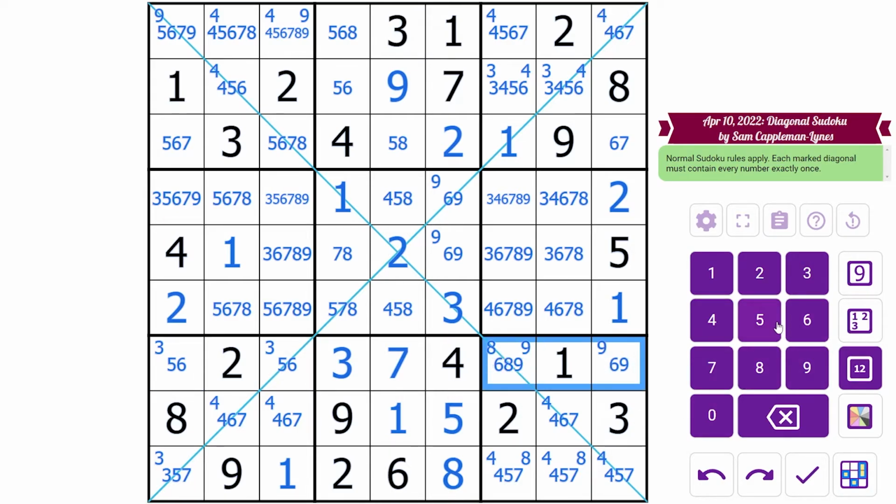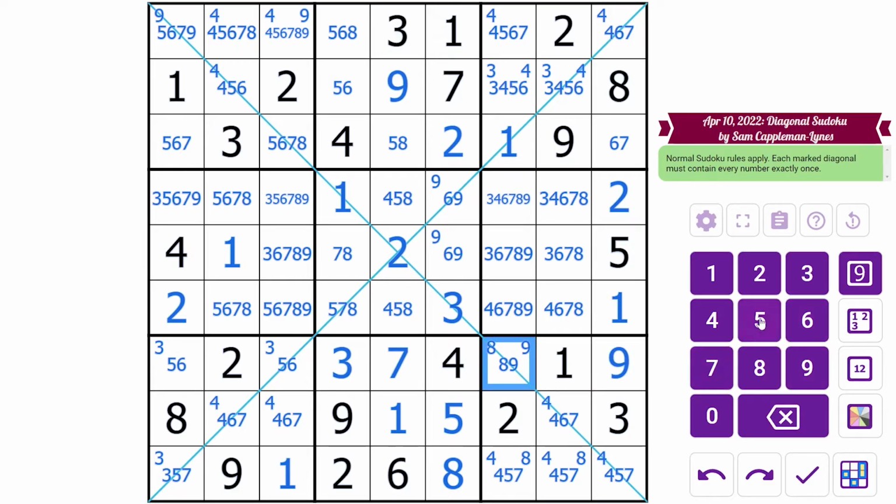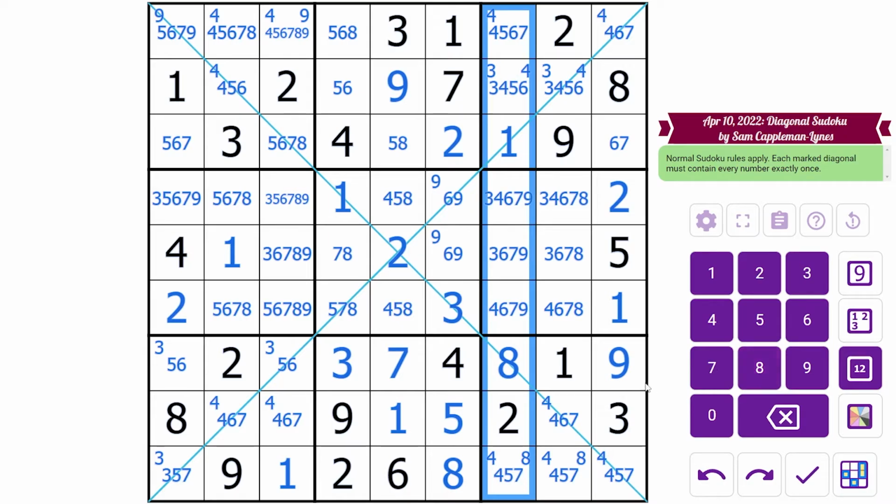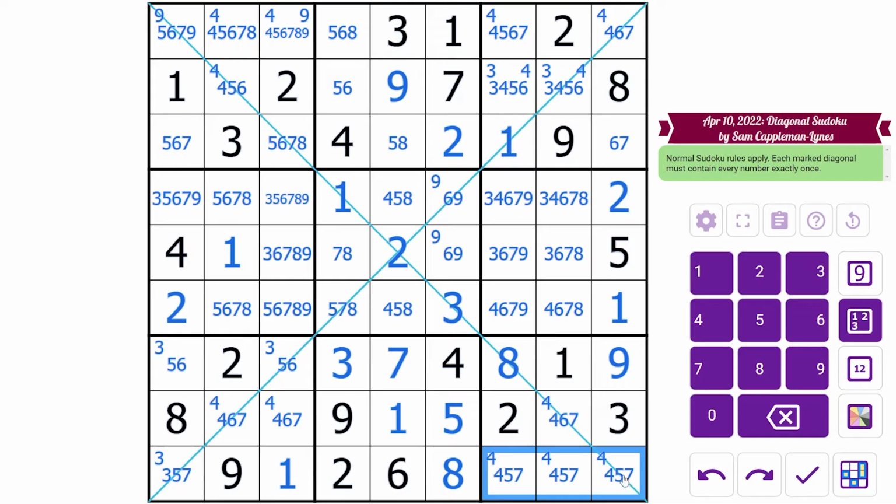None of these can be 5 or 6, which makes that a 9, which makes that an 8. None of those can be 9. None of these can be 8. So go ahead and remove the 8s there.